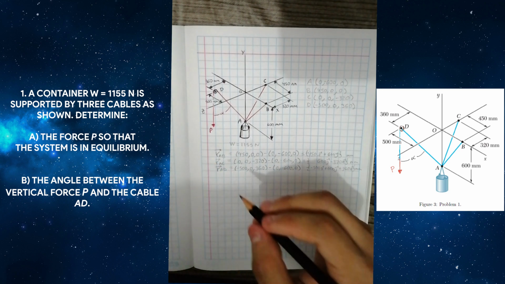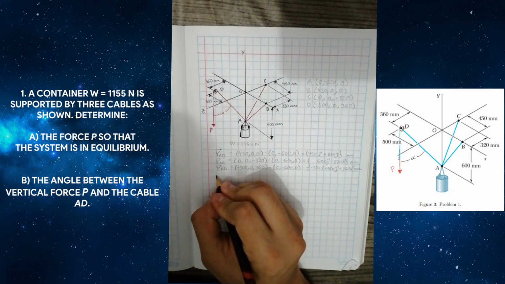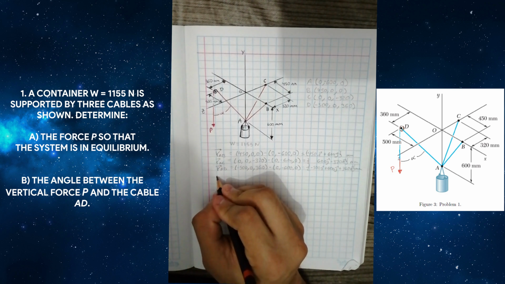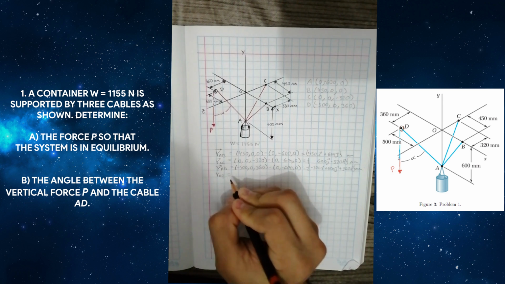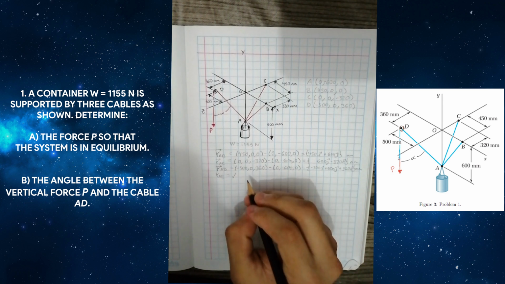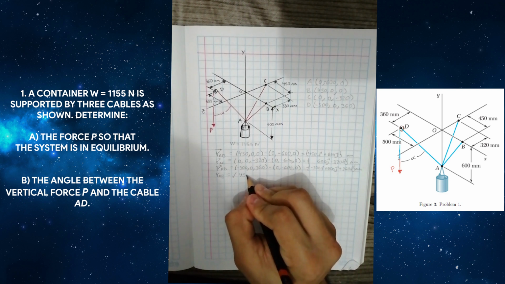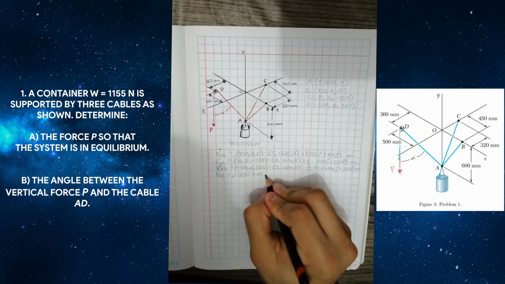its respective magnitude. The first position vector is RAB, that is the square root of 450 square plus 600 square.